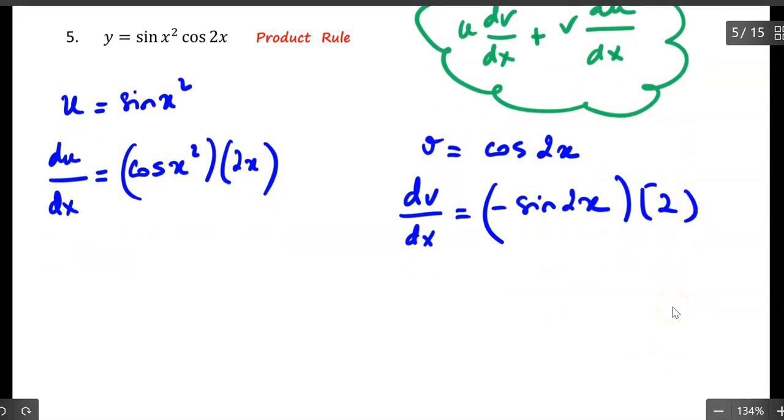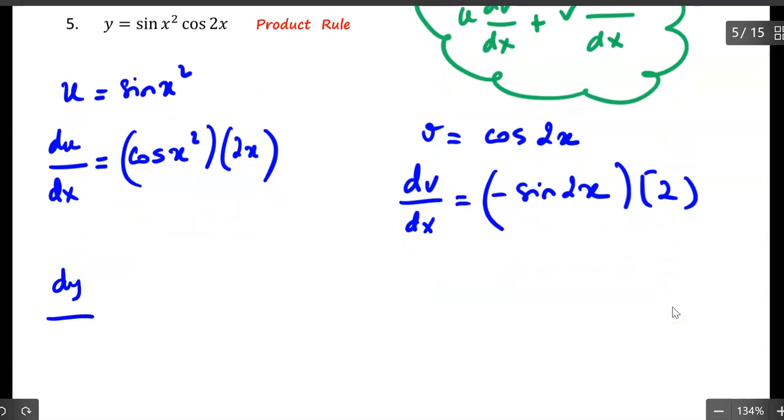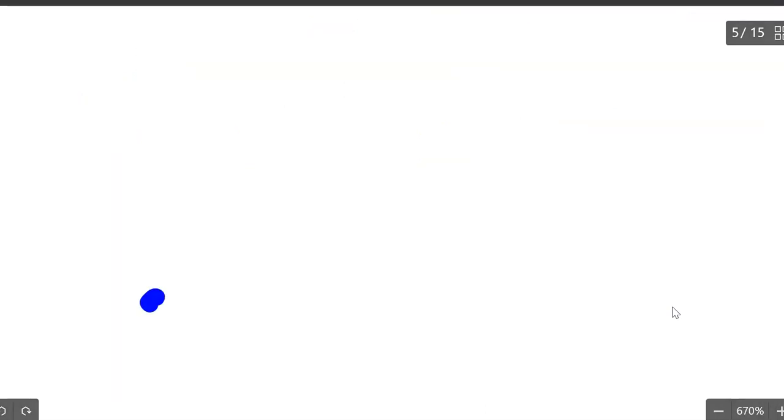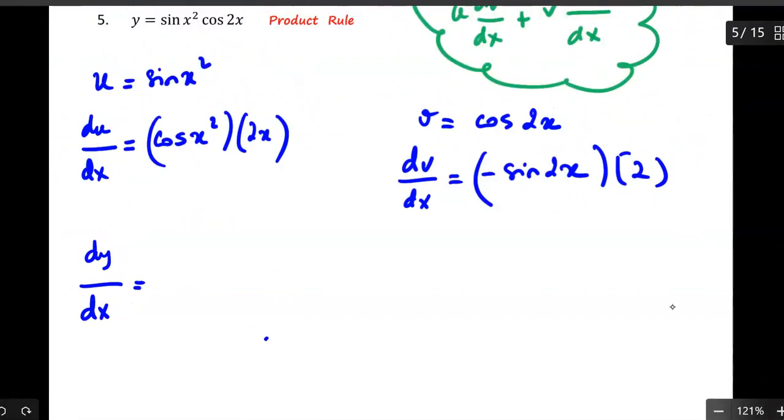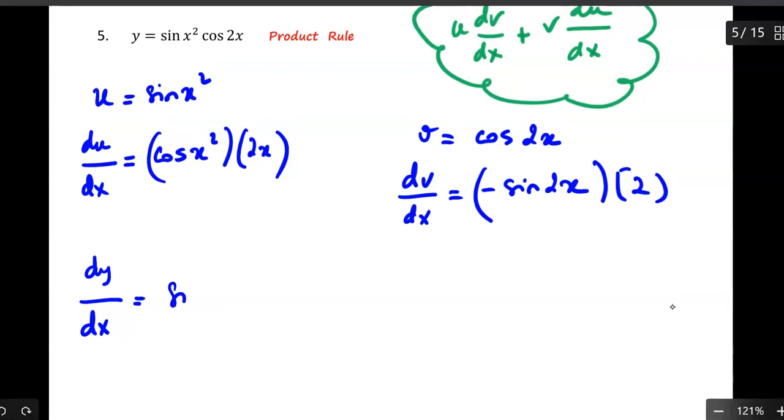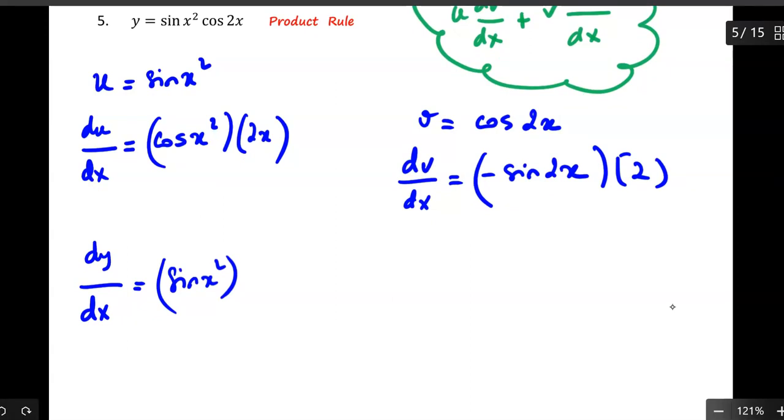Okay, so all you have to do now is put it into these formulas. U, which is sine. Sorry everyone, I just have to zoom it back in. So I should have u, which is sine of x squared, multiplied by dv over dx, so I will multiply by negative sine of 2x times 2.